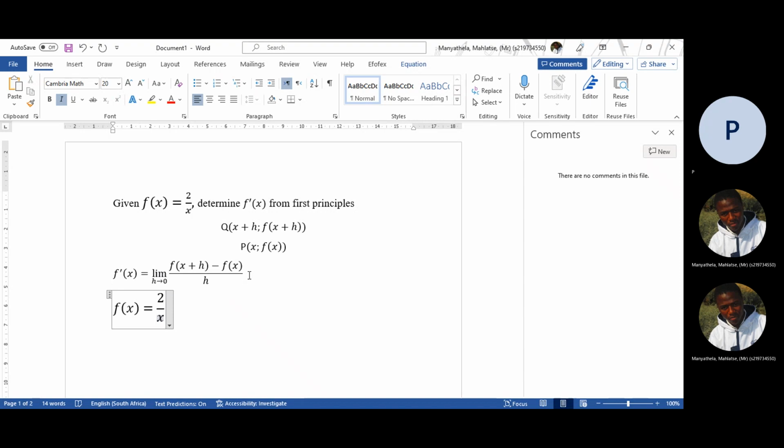By determining f of x plus h, simply where we see x, we're going to replace by x plus h. Where we see x, we will replace by x plus h. And then on the next step, I'm going to find the difference between f of x plus h and f of x before I can even start deriving.